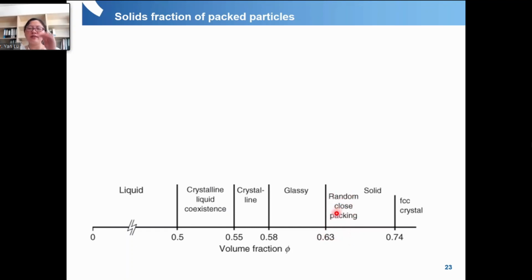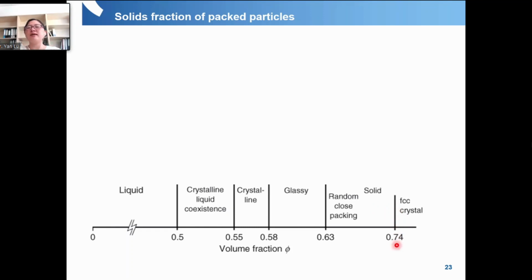When people talk about random close packing, they need a very high volume fraction of particles, higher than 0.6. Even larger, of course, you can have a solid phase of these colloidal particles, and the maximum you can reach is an FCC crystal.